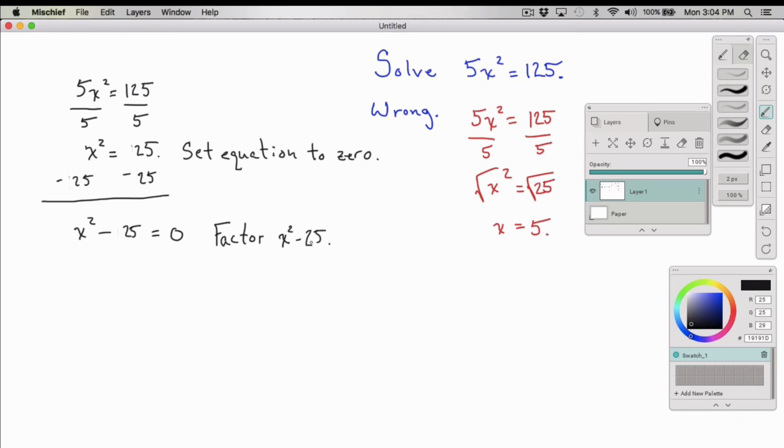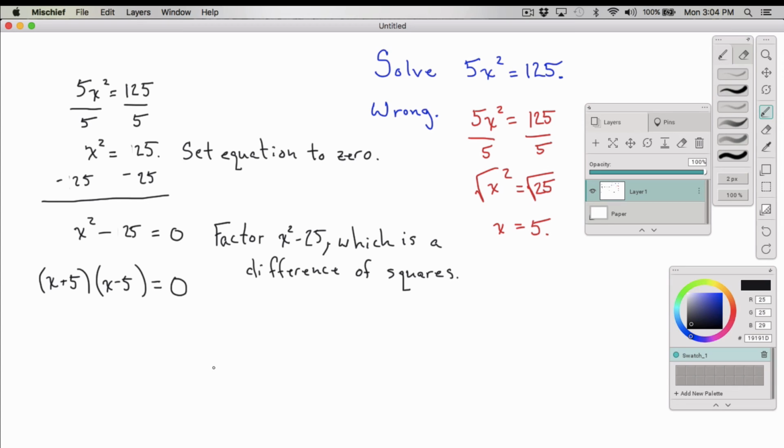So factor x squared minus 25, which is a difference of squares. Okay, now that we have that, that means that this factors into two factors. One of the factors is x plus 5. The other factor is x minus 5.